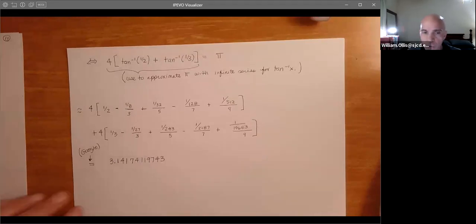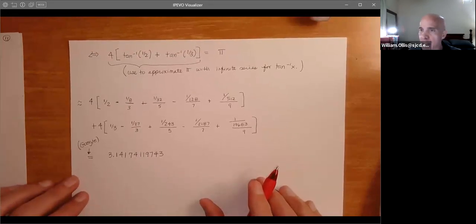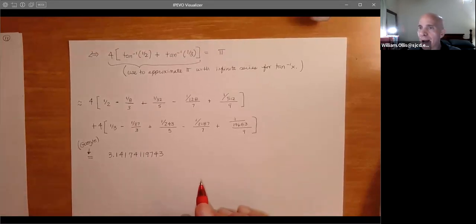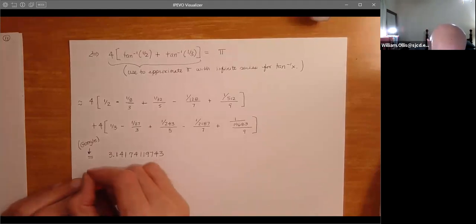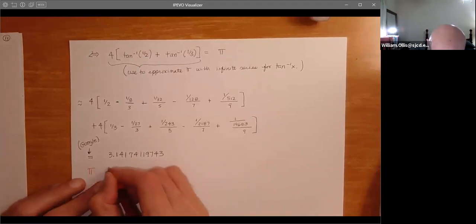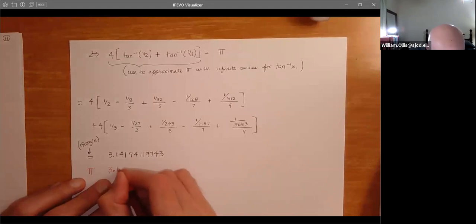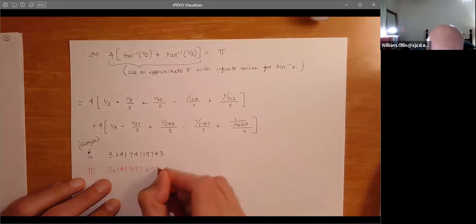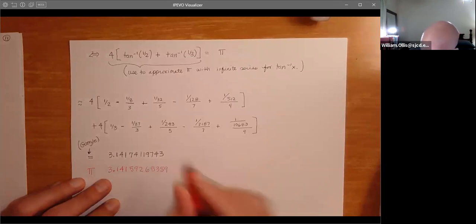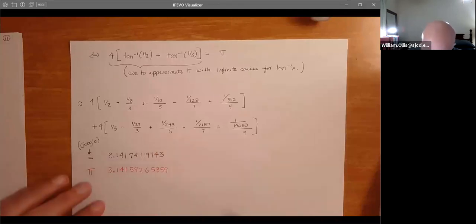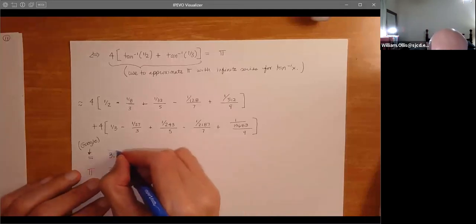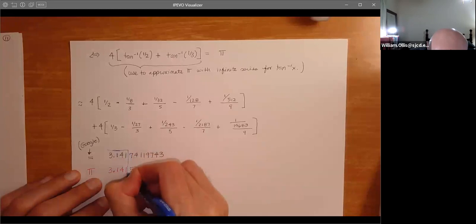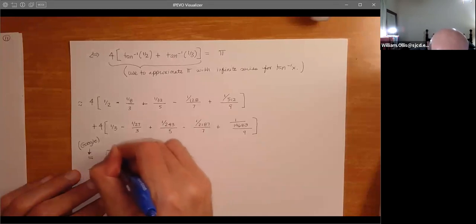And then of course, I compared this to the actual pi approximation. So from the Google with pi, you have 3.14159265359. So we can see with just these few terms, look how much accuracy we get right there.